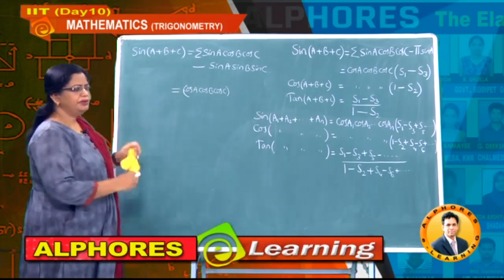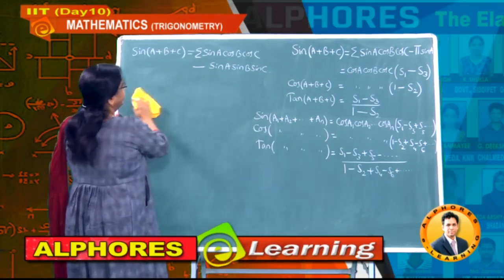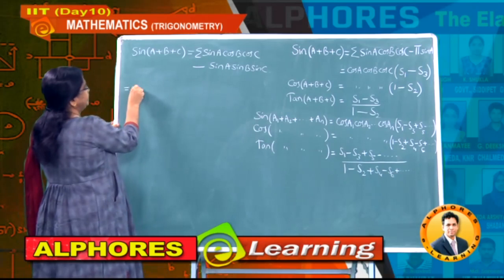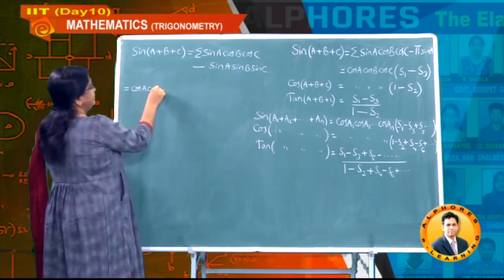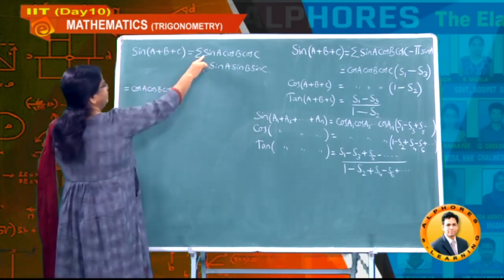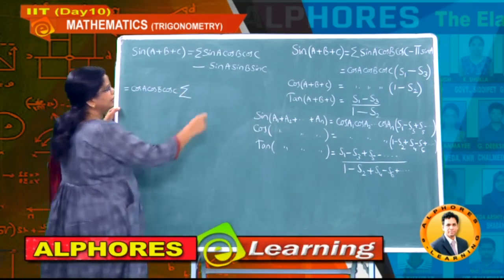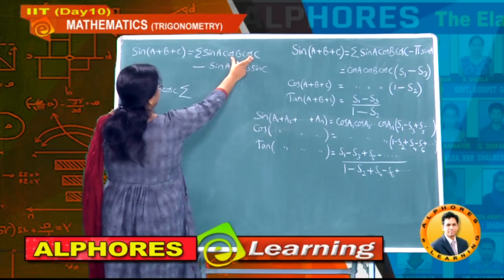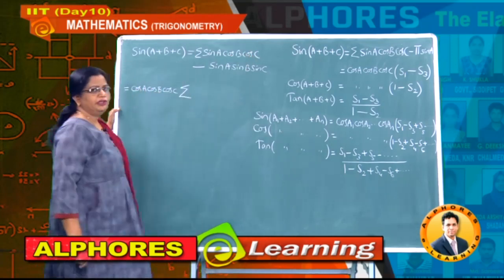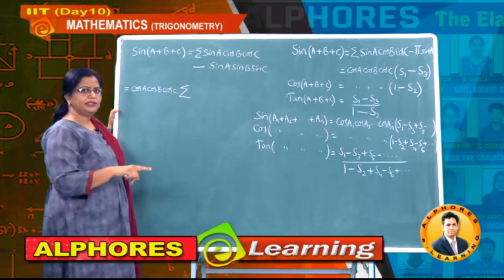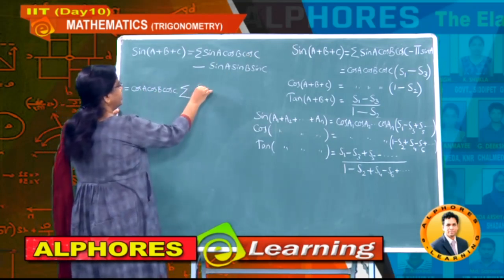Understand? Now observe the first term. What is the first term? Here we have sin a cos b cos c. So, I am putting sigma as it is. From the first term you have cos b cos c already, so which is missing there? Cos a is missing.